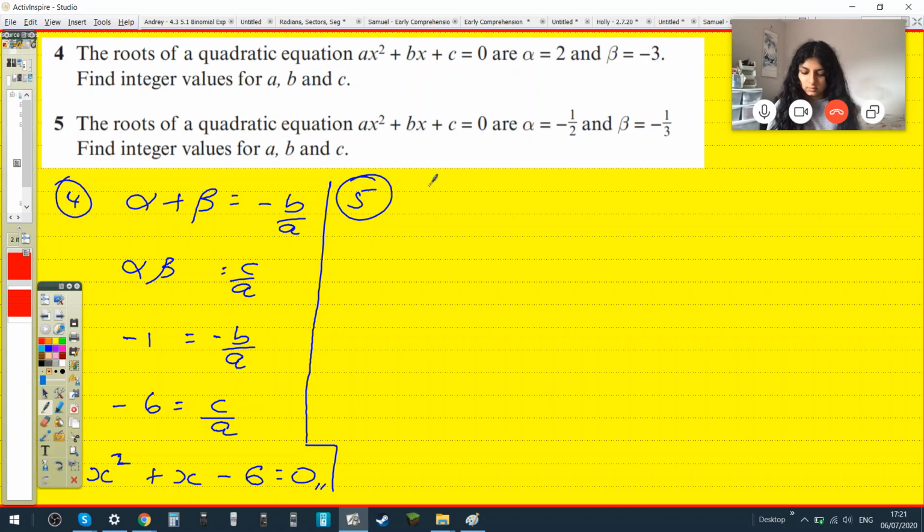All right. So when you add them, it's minus 5 over 6 is equal to minus b over a. Minus 5 over 6? Yeah.